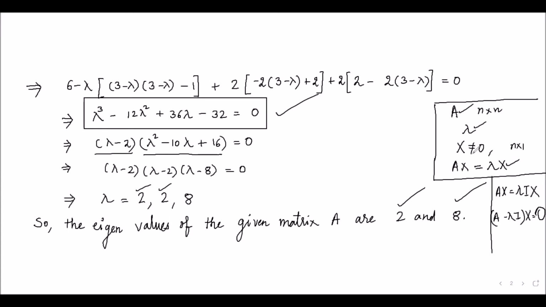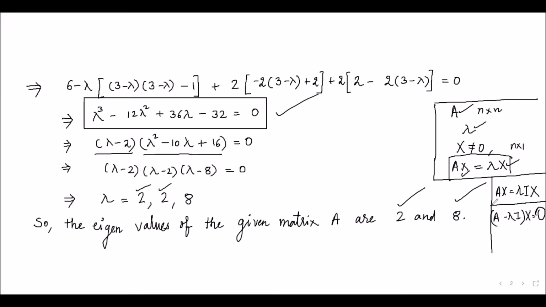So if lambda is an eigenvalue of this matrix A, then this non-zero vector x of order n by 1 is an eigenvector if the product Ax is equal to the scalar multiplication of the eigenvalue lambda with this same vector x, and we can rewrite this equation in this form.